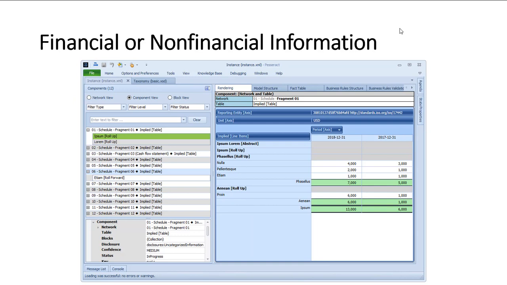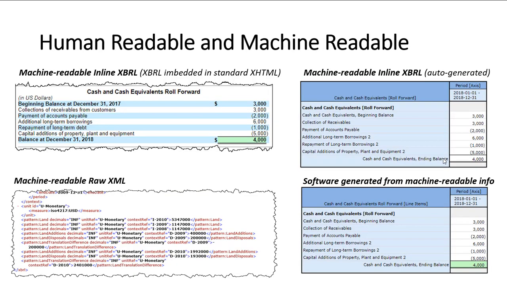This is about words or numbers. Financial or non-financial information can be used. Financial information has some advantages because it can create more rules, because it has that higher level structure. But business reporting schemes could create their own high level structures, and then they could have unique features, possibly. And this is all human readable and machine readable.